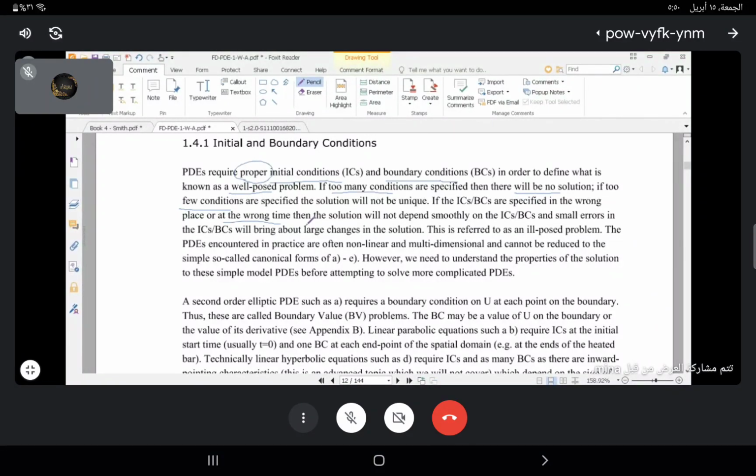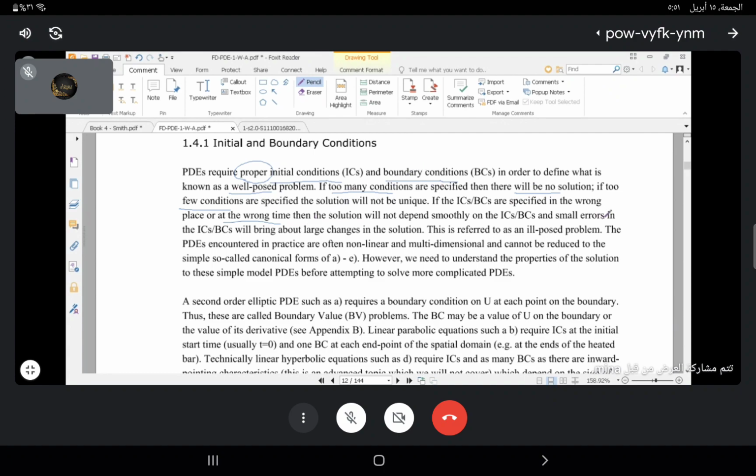For example, if we have too many conditions, the problem will have no solutions. If we have few conditions, the solutions will not be unique. And proper initial conditions lead to a well-posed problem.